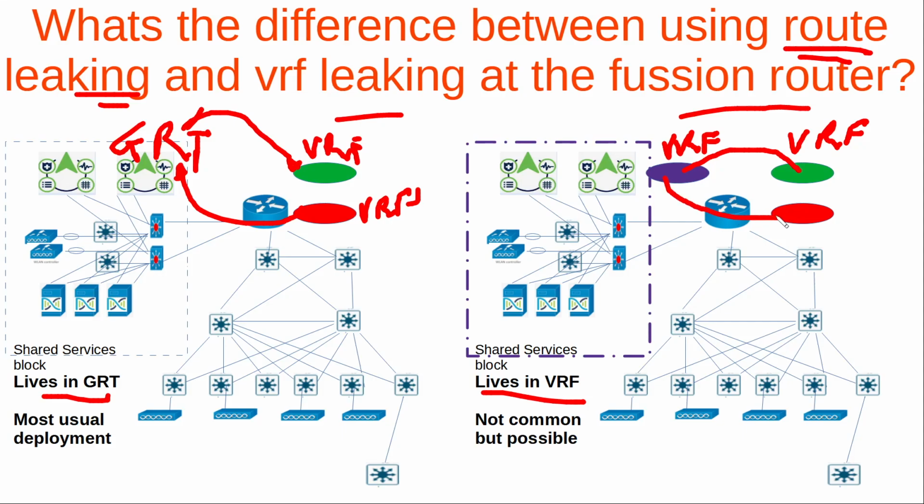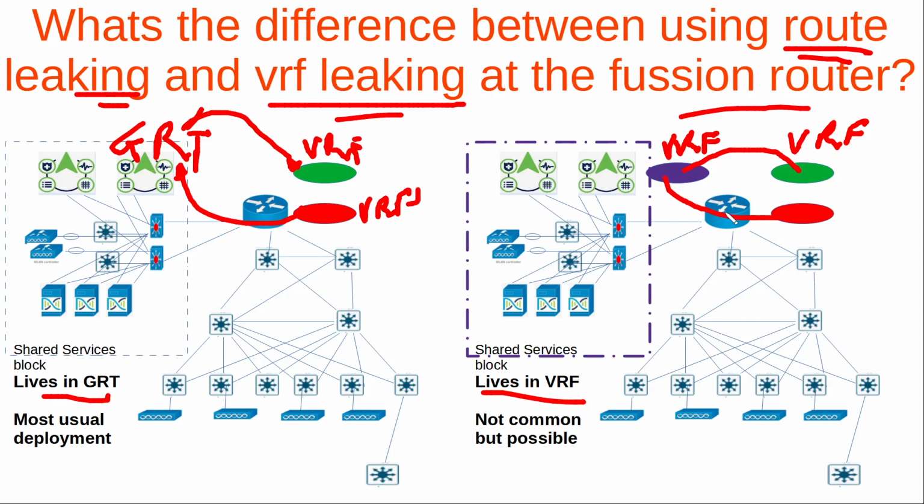And this is known as VRF leaking. So in summary, remember, if you are going to make your Fusion router share routes between a global routing table and VRFs, that is known as route leaking.